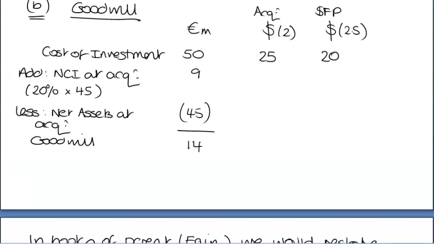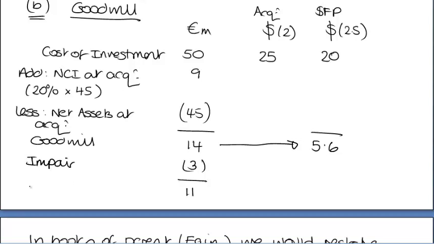At the SFP date, we've worked out goodwill, and that gives us a goodwill figure of $5.6 million. But it says in the question it is established that goodwill is impaired by $3 million. So I'm going to impair goodwill by $3 million, which takes us down to an SFP value of 11 million.